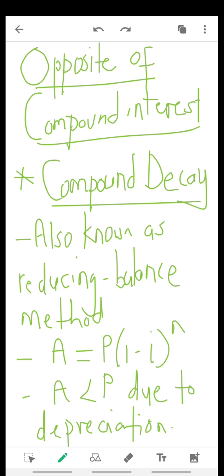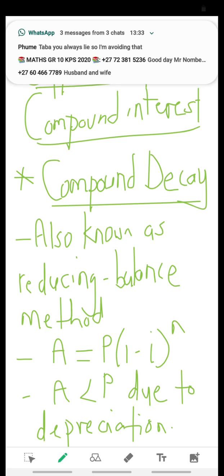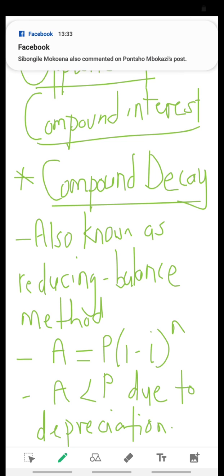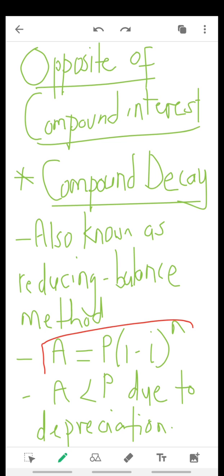Now the compound decay, we don't usually use these words. We call it the reducing balance method, and it's also known like that. Most of the time we call it the reducing balance method, as you saw in the exam question that I posted. Now, the formula for the reducing balance method is A equals P, (1 minus i), all to the power of n.